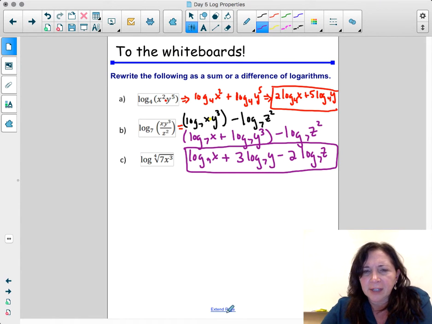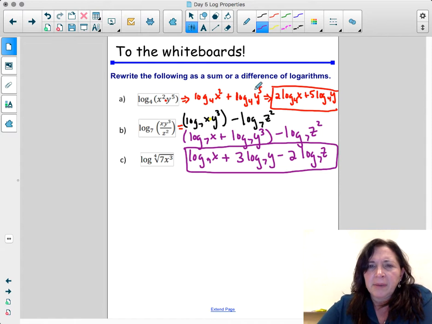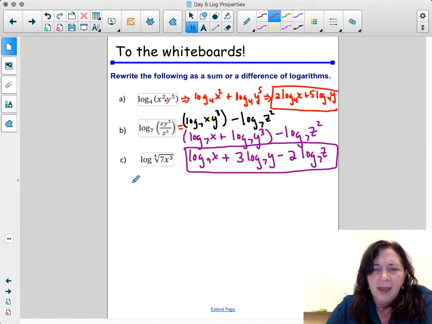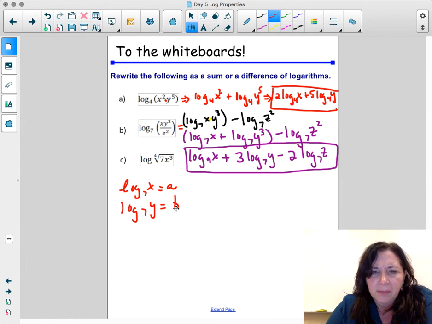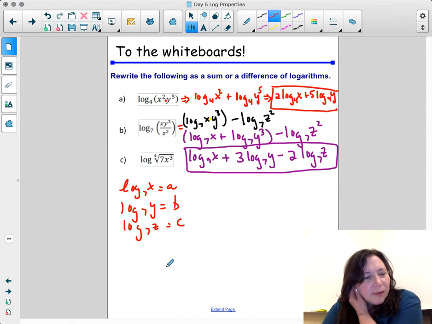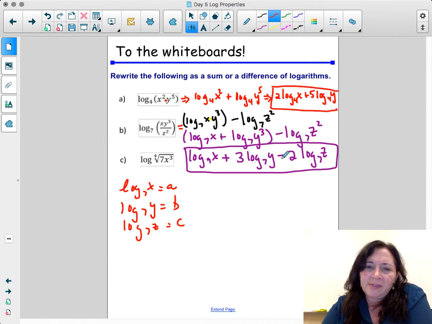Now, I can actually see maybe on a test or something like that, the question may be saying log base 7 of x, we're going to call that a. And log base 7 of y, I'm going to call that b. And log base 7 of z, I'm going to call that c. And then given that information, I want you to rewrite this equation.